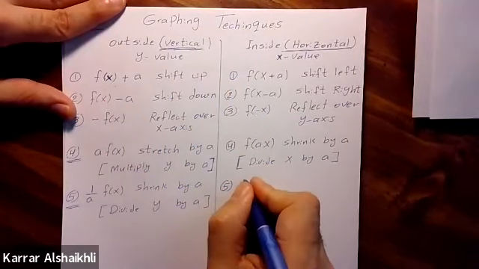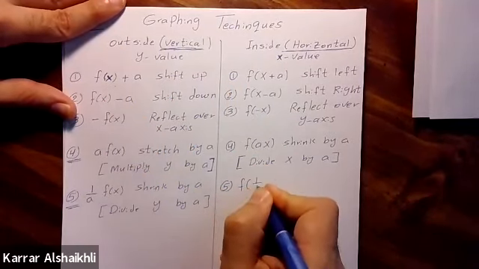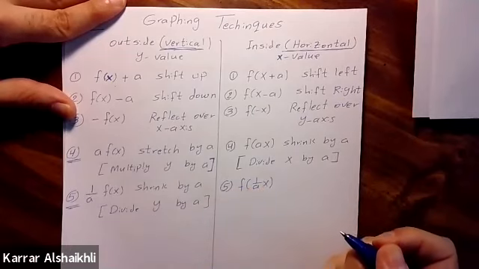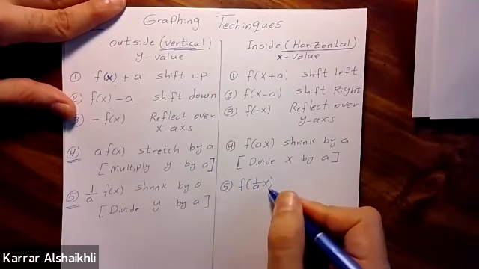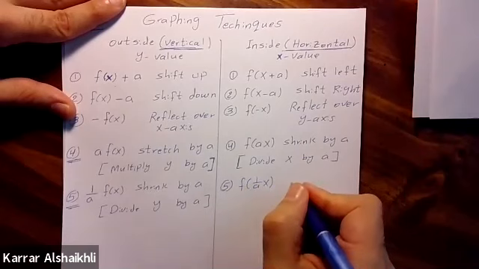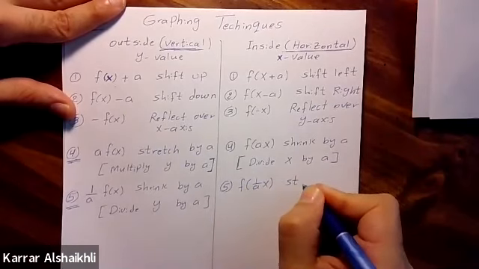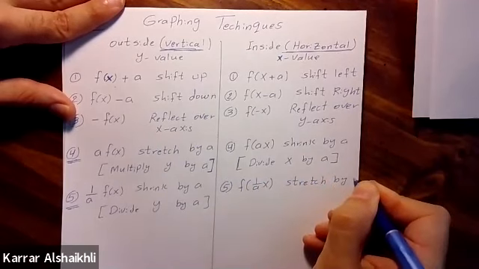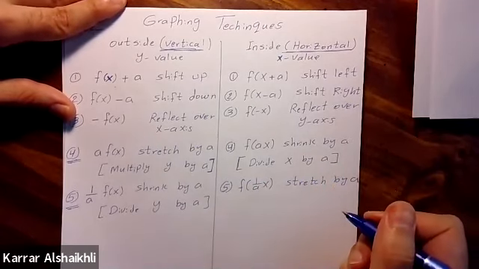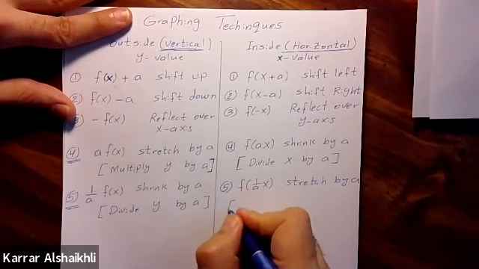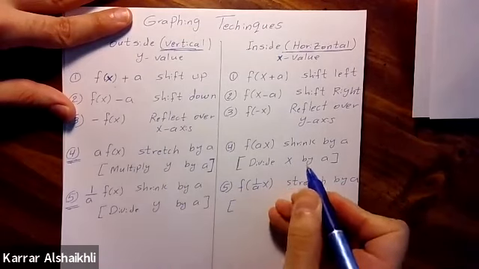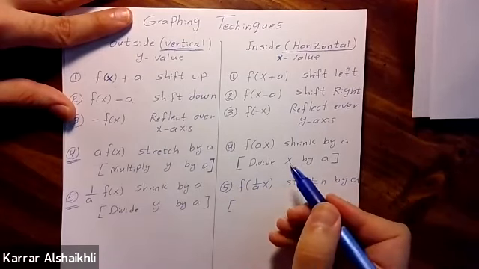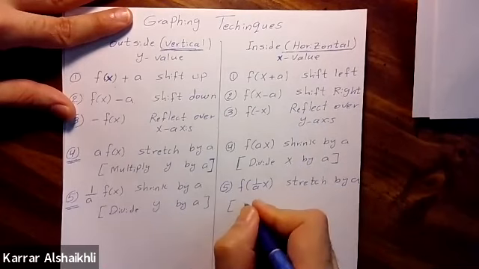The same thing here with number 4. If you have f of 1 over the number inside the function, now it's going to be the opposite of this one, it's going to be stretched by a. How are we going to do that? We're going to multiply x by a.